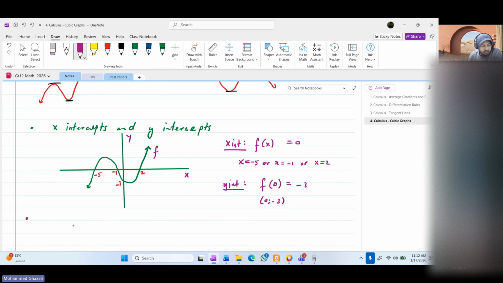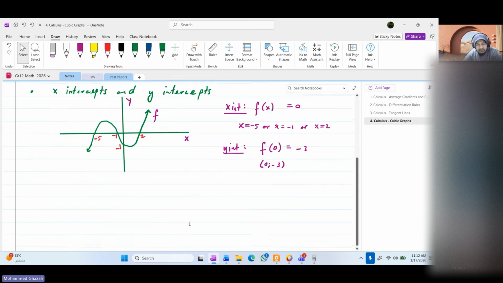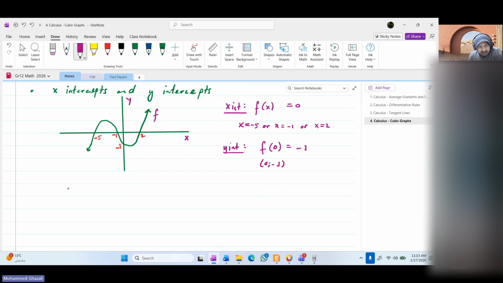Next important point. From this, there are three important things that we need to know. When is f of x less than 0? f of x equal to 0? And when is f of x positive?